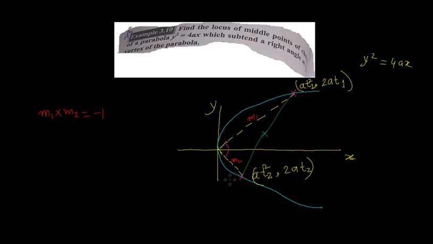From here you will get one equation. Another thing is you have to find the locus of the middle point of this line. Let's assume this middle point is (h, k). Then you can easily find the middle point: h will be this plus this by 2, and k will be this plus this by 2.